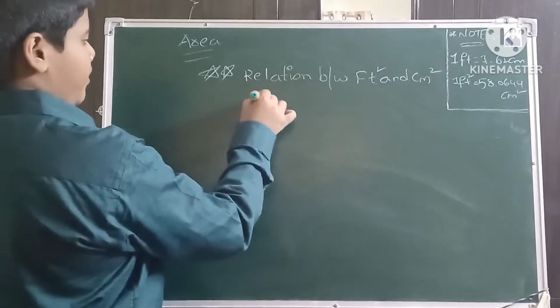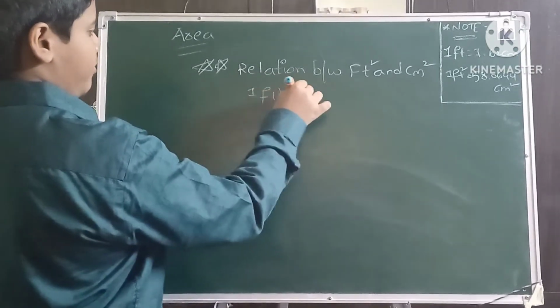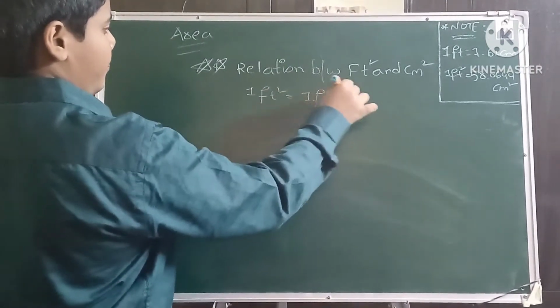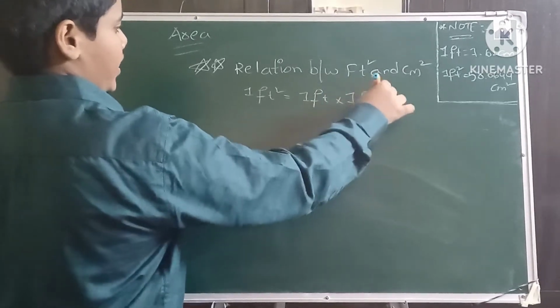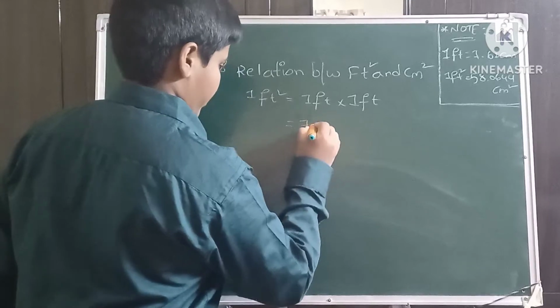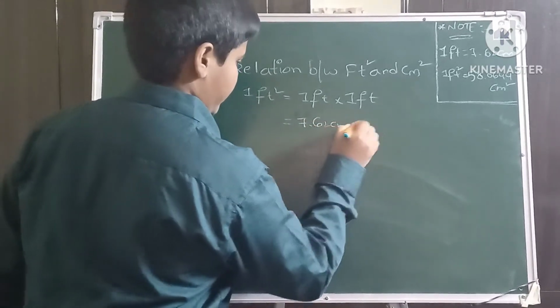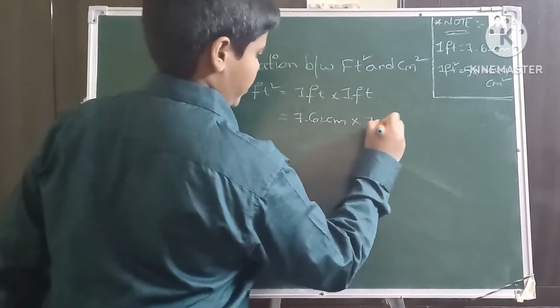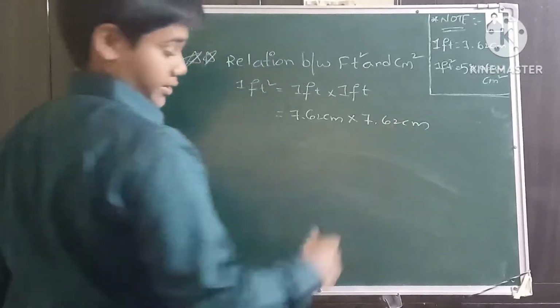So here 1 foot square is equal to 1 foot into 1 foot. So here 1 foot is equal to how much? 7.62 in centimeters. 1 foot is 7.62 centimeters.